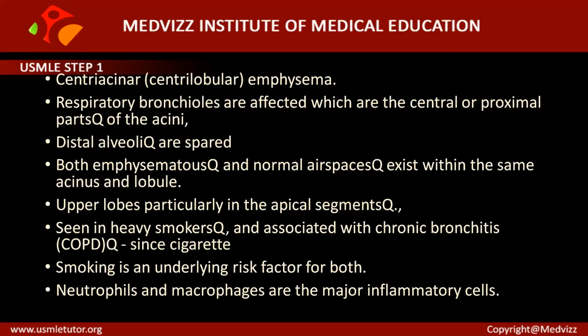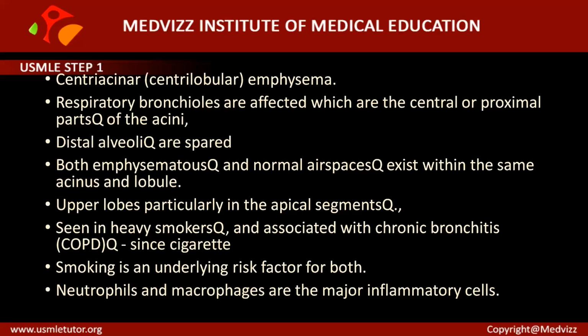If you look at the etiology, centriacinar emphysema is seen in heavy smokers. The most common cause of centriacinar or centrilobular emphysema is heavy smoking, and it is also associated with chronic bronchitis, or we can say progression of chronic bronchitis can cause centriacinar emphysema, because chronic bronchitis is also associated with smoking.